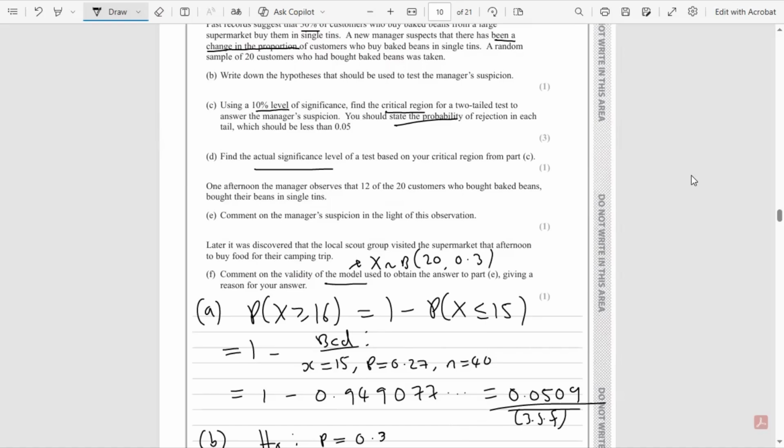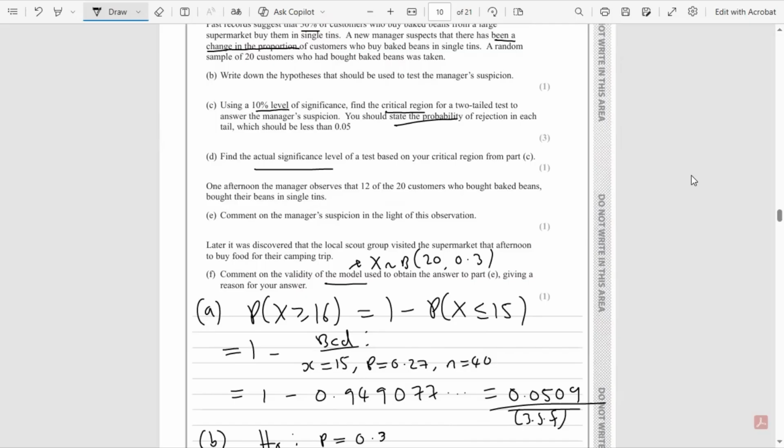Remember, for a binomial to be true, you need two outcomes. You either buy the single tins or you don't. So two outcomes, that's fine. You need a fixed number of customers, 20 people in the scout group, so we've got a fixed number of trials. That seems fine. And we need a fixed probability of success, 0.3. And we need to make sure that the trials are independent. That means when one person from the group buys a single tin, does that affect the chance of the others buying single tins?